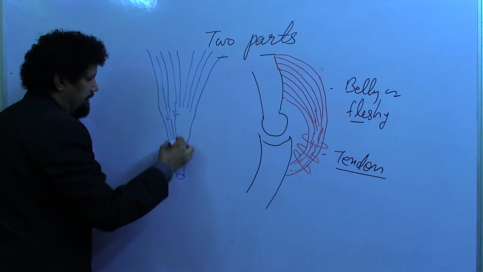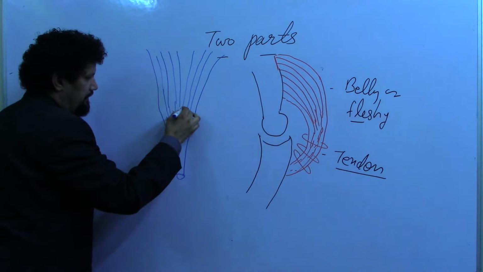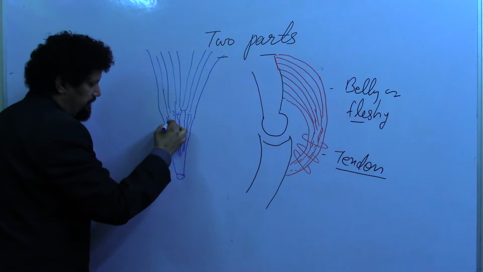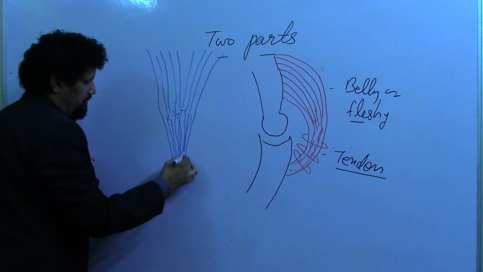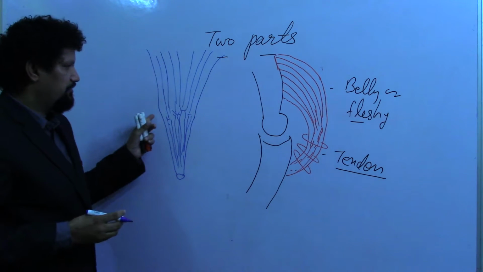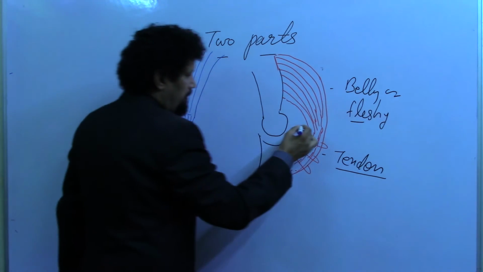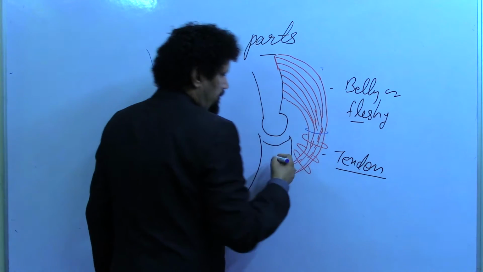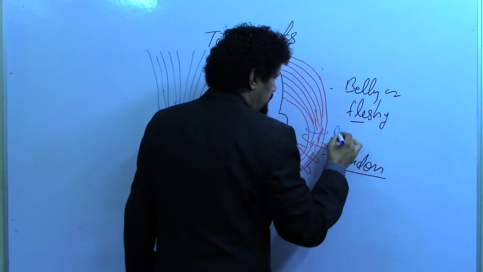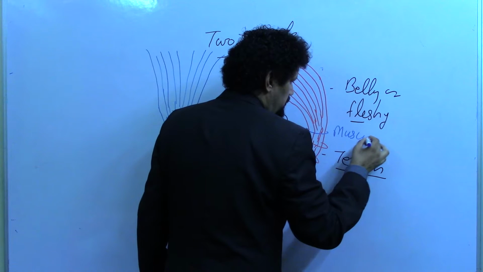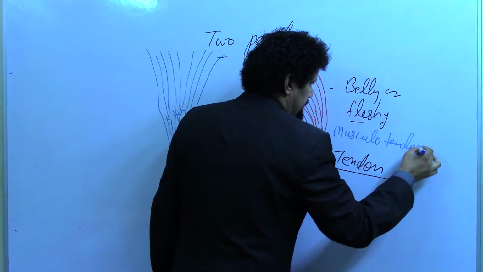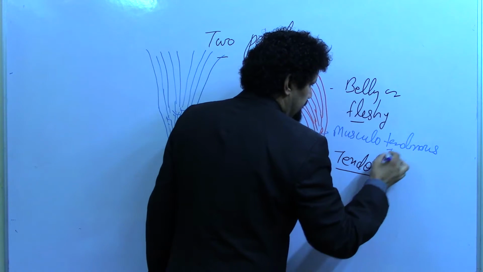Here you can see regularly arranged dense connective tissue fibers. This part is known as musculo-tendinous junction.